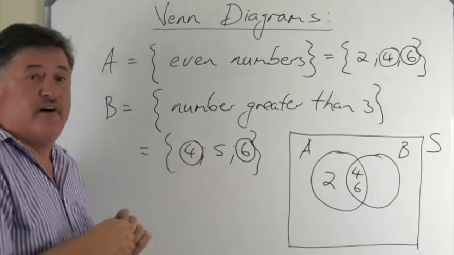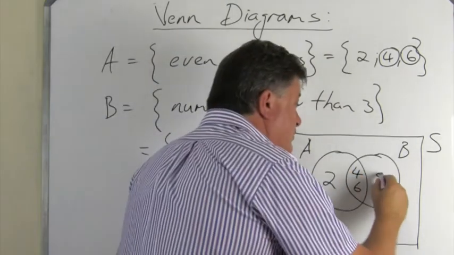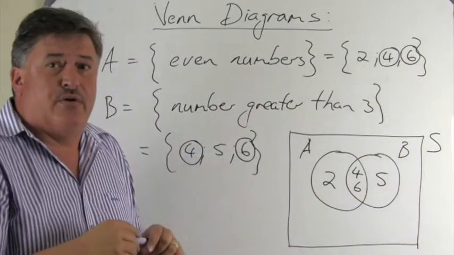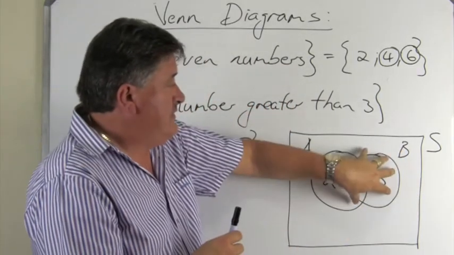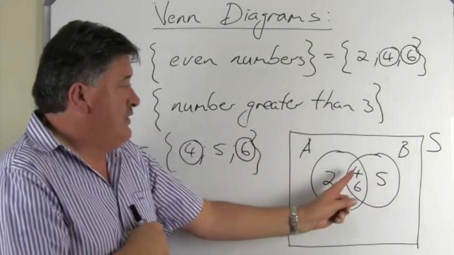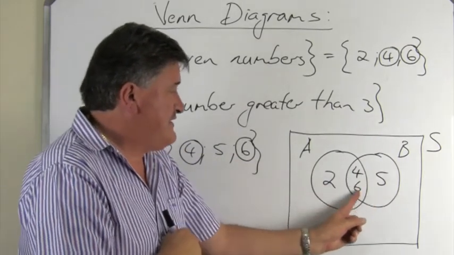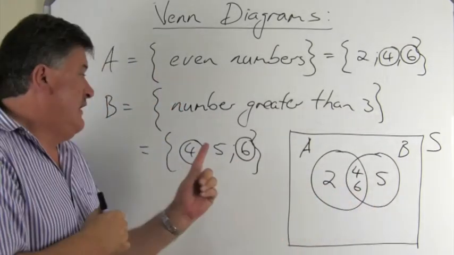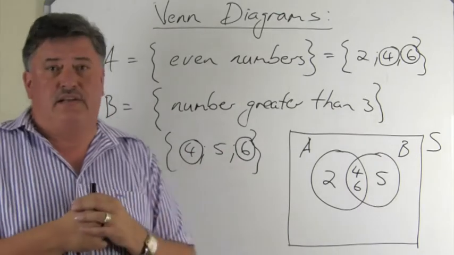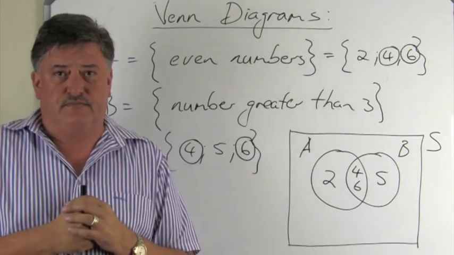We still need 5, and that will be over there. So to make sure, if you look at B, you will see that the outcomes 4, 5, 6 is within B, and that is what we said B is.